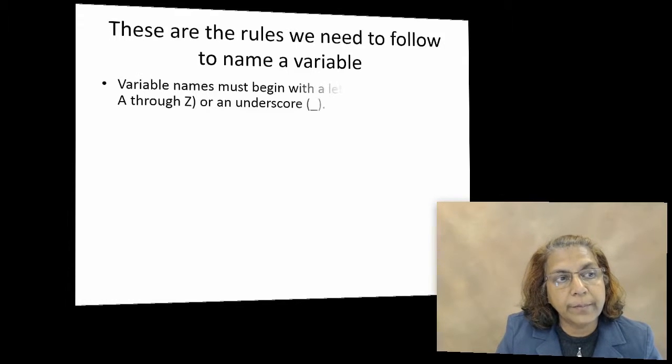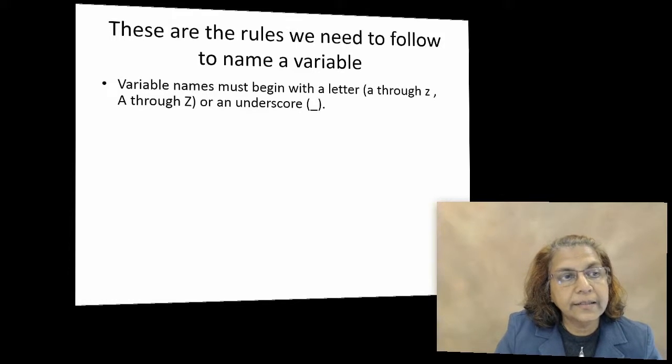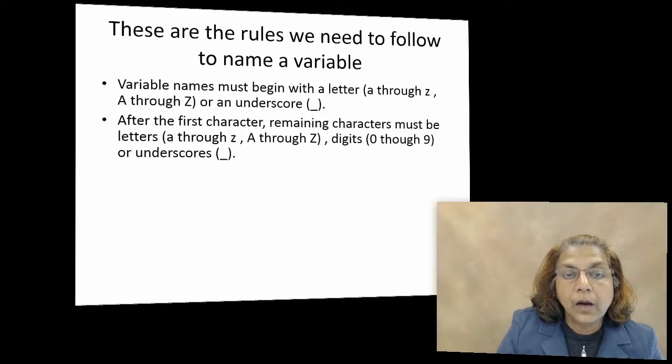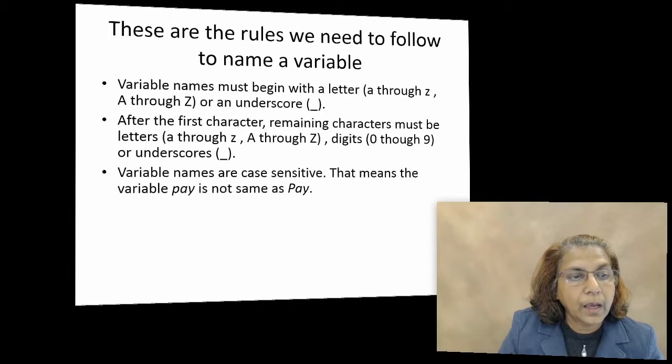Variable names must begin with a letter, either lowercase a through z or uppercase A through Z, or an underscore. And after the first character, the remaining characters must be letters, again either lowercase a through z or uppercase A through Z, or digits 0 through 9 or an underscore.